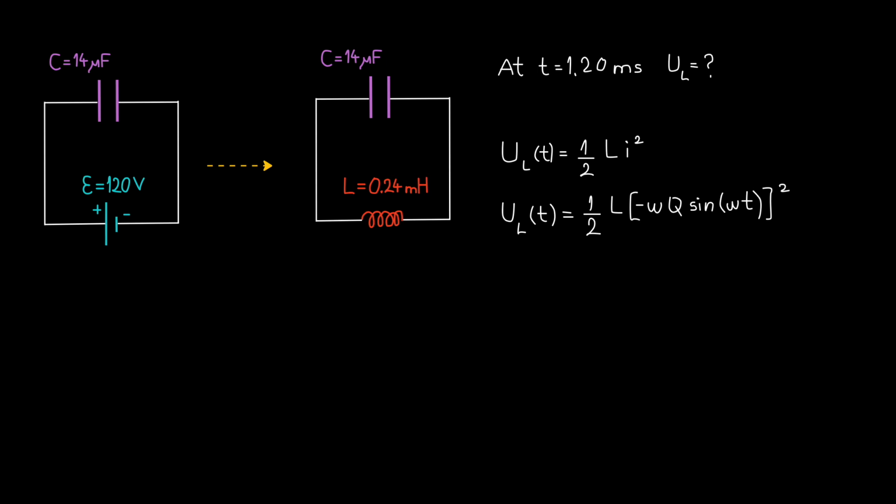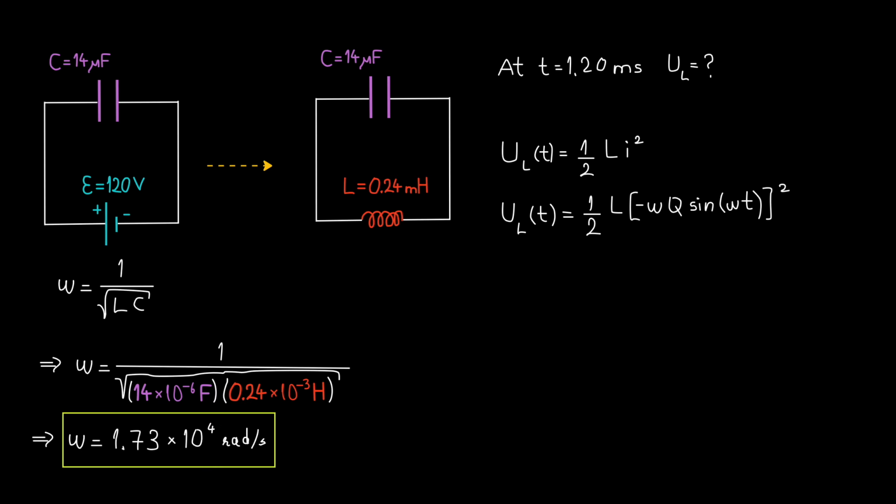So let's actually go ahead and calculate the numerical values for omega and capital Q, and then calculate the energy stored in the inductor. Angular frequency is equal to 1 over square root of L times C. Keeping three significant figures, since this is an intermediate calculation, we get 1.73 times 10 to the 4th radians per second.